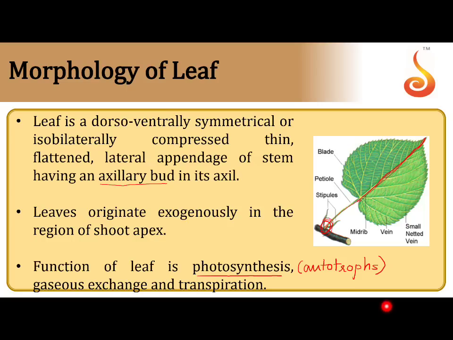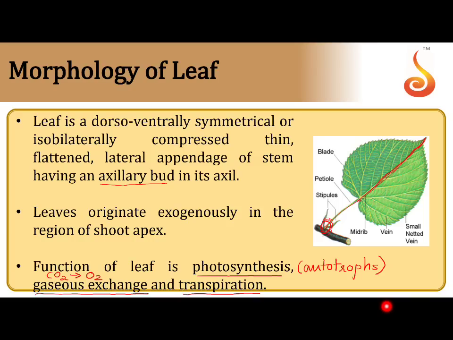What are the secondary functions which get involved in the process of photosynthesis? Gaseous exchange. Leaf takes in carbon dioxide to give out oxygen, and this happens during the process of transpiration.